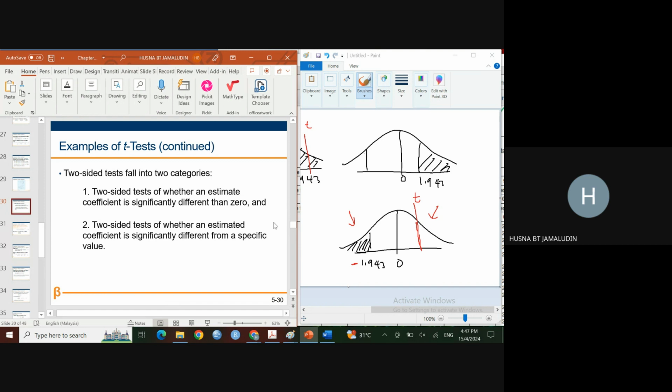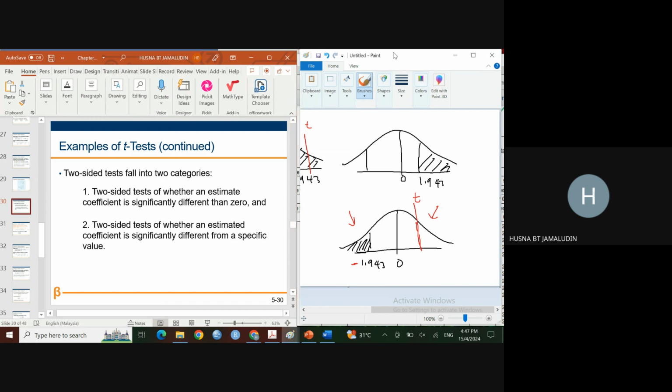Okay, so this is the two-sided test. Two-sided test of whether an estimated coefficient is significantly different from 0. When you have a two-sided test, basically you are testing these two tails simultaneously.